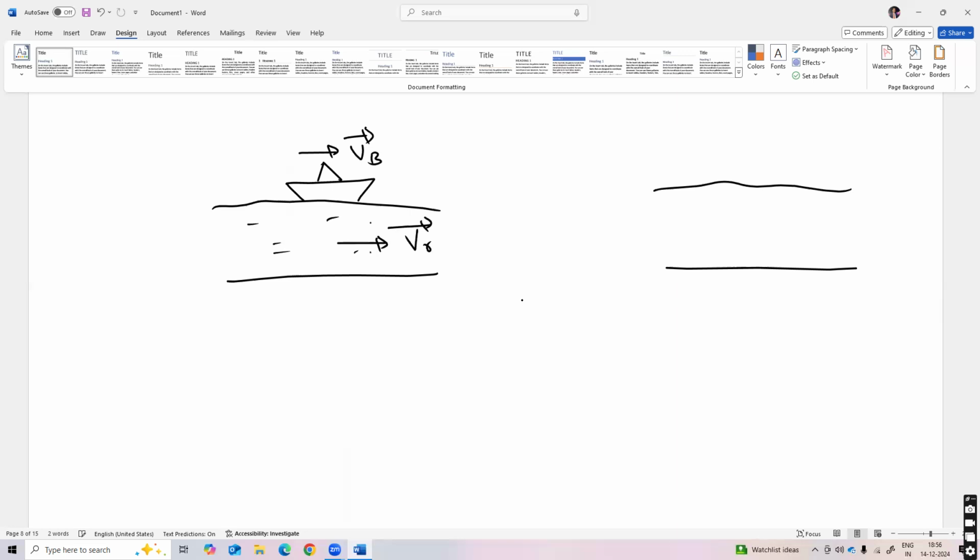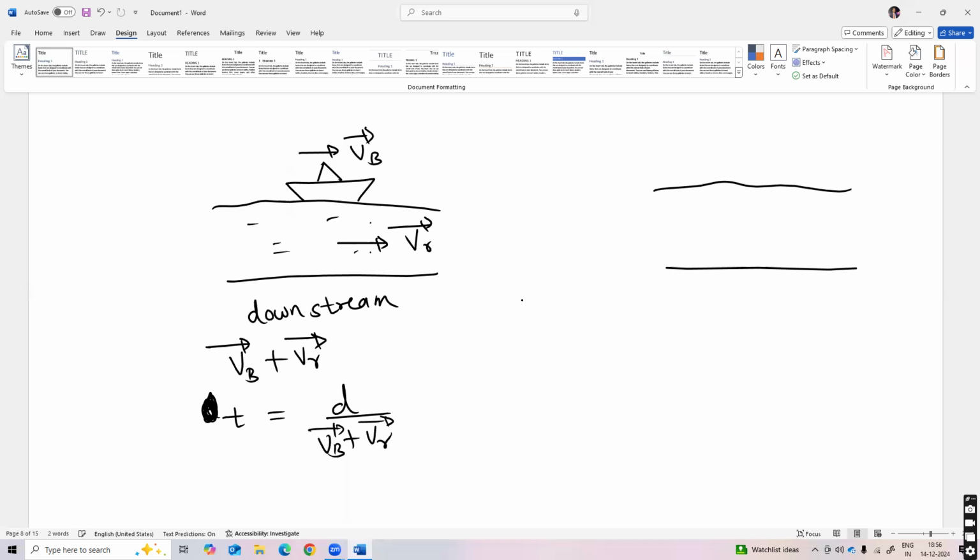When boat and river are moving in the same direction, it is the downstream case. The net velocity of the boat will be VB plus VR. So the time taken by the boat to travel some distance will be d by v net, which is d upon VB plus VR.